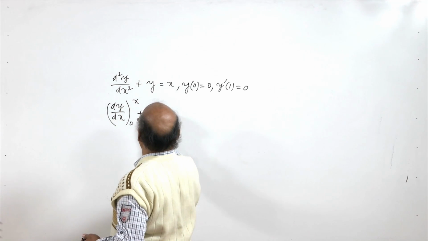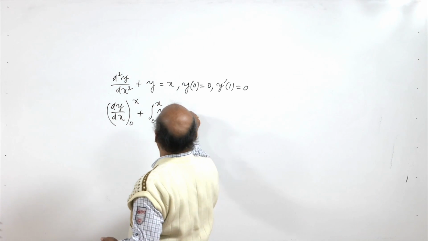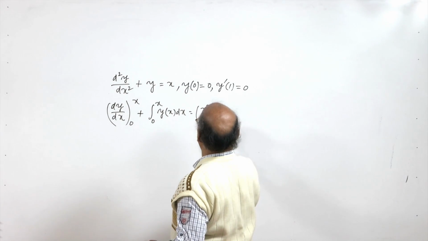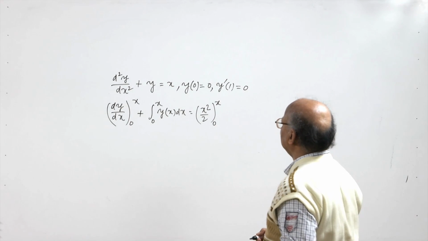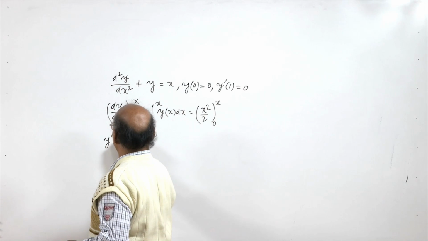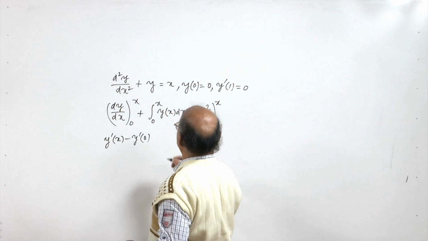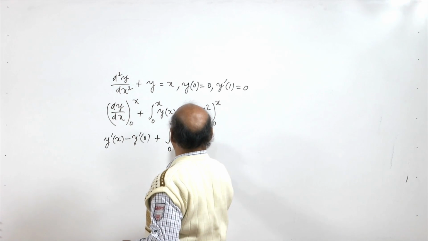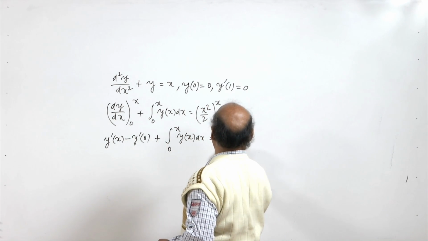Let us integrate the given differential equation with respect to x from 0 to x. So we will have y'(x) - y'(0) + integral 0 to x y(x) dx equal to x²/2.